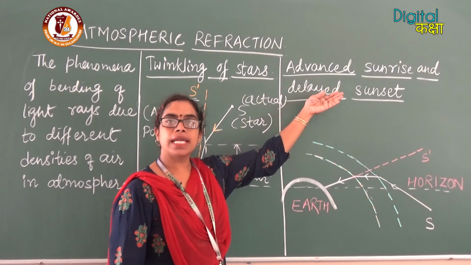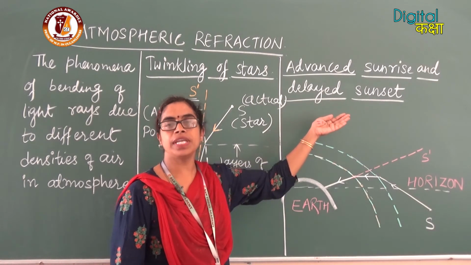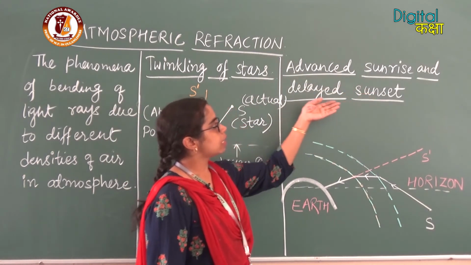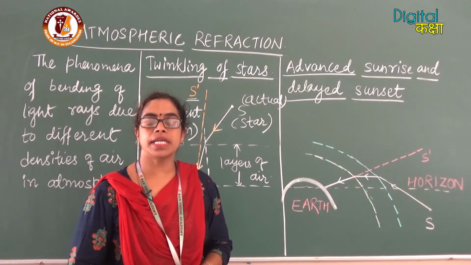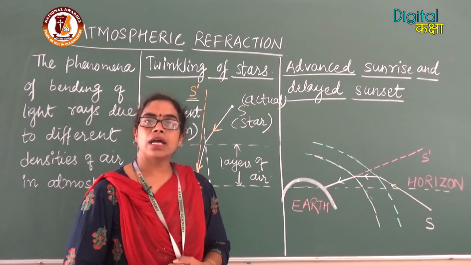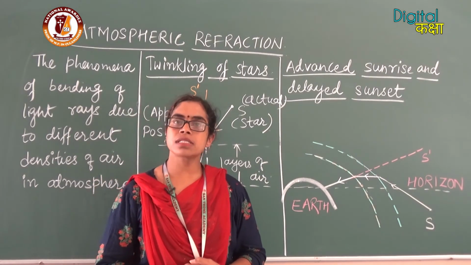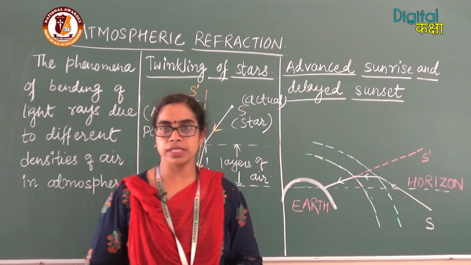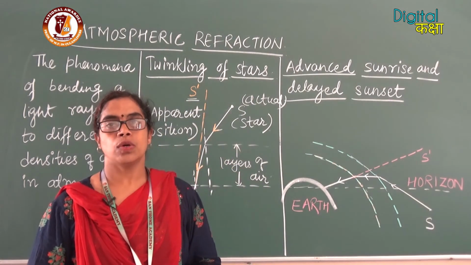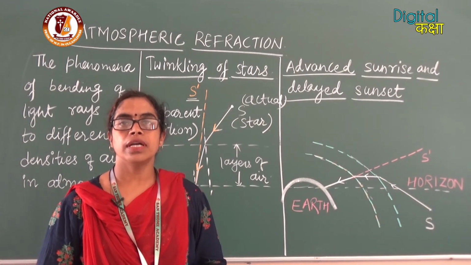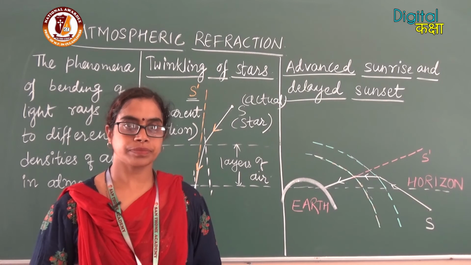Coming to the second application of atmospheric refraction, that is advanced sunrise and delayed sunset. It means that the sun appears to us in the sky 2 minutes before the actual sunrise, and it is also seen in the sky 2 minutes after the actual sunset.